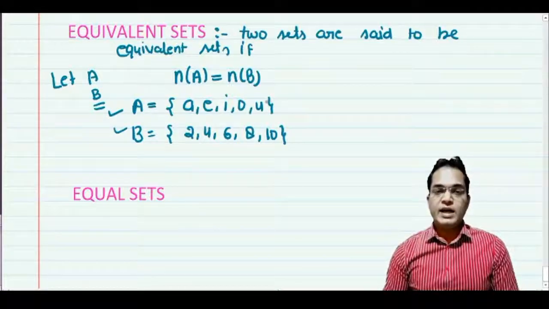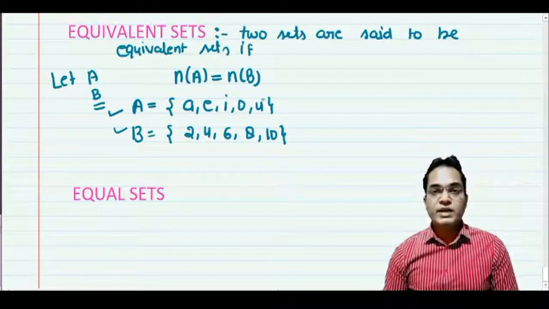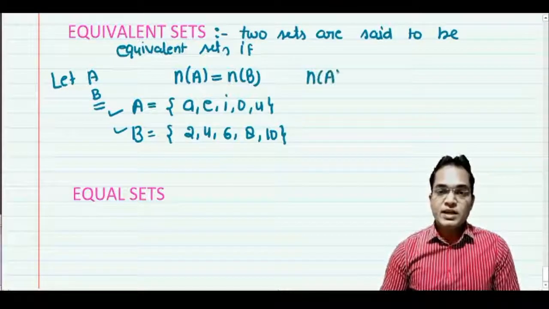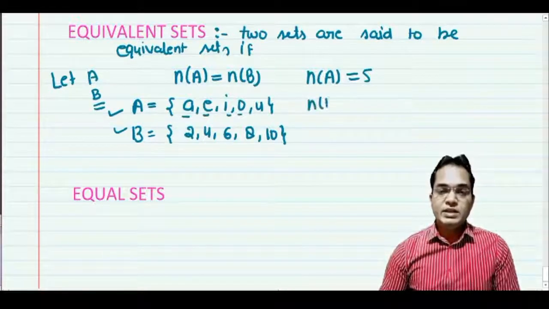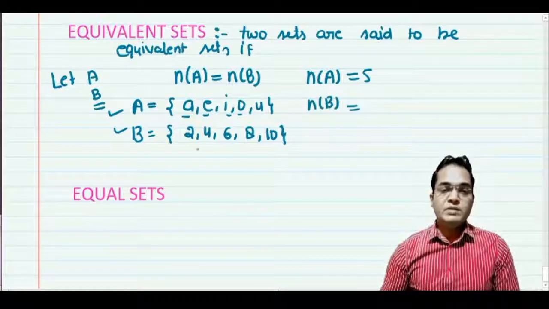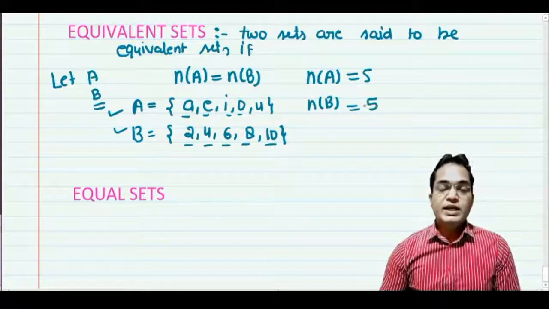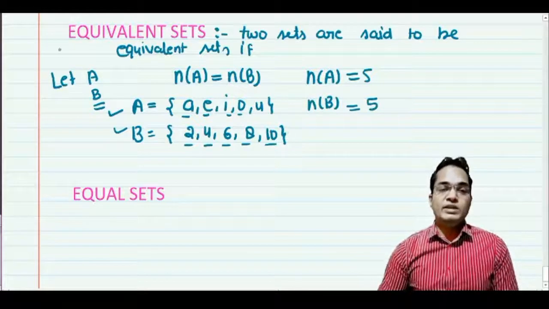As we know, the cardinal number means the number of elements present in them. In set A, there are only 5 elements: 1, 2, 3, 4, 5. In set B, there are also 5 elements: 1, 2, 3, 4, 5. That's why A and B are said to be equivalent sets.